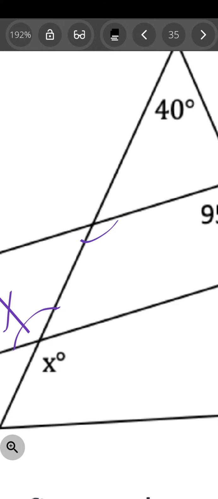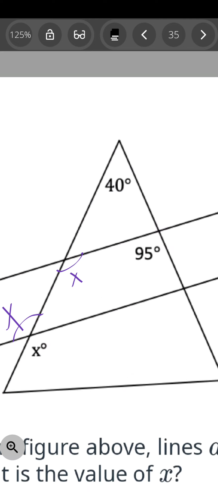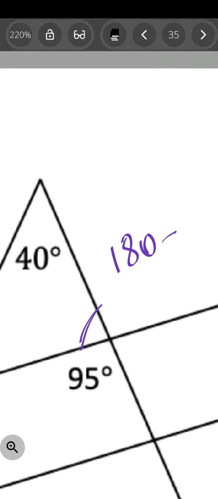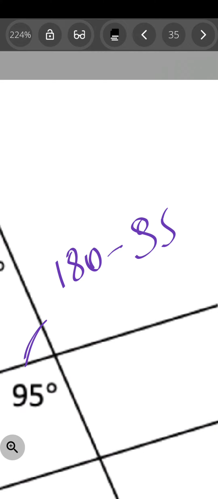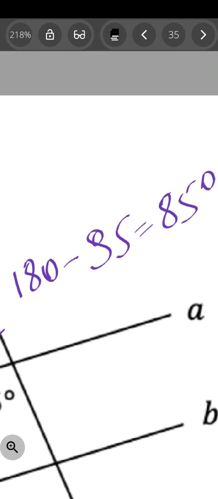So this angle also is equal to x. And we know that supplementary angles are the angles whose sum is equal to 180. So the measure of this angle must be equal to 180 minus 95. That is equal to 85 degrees.